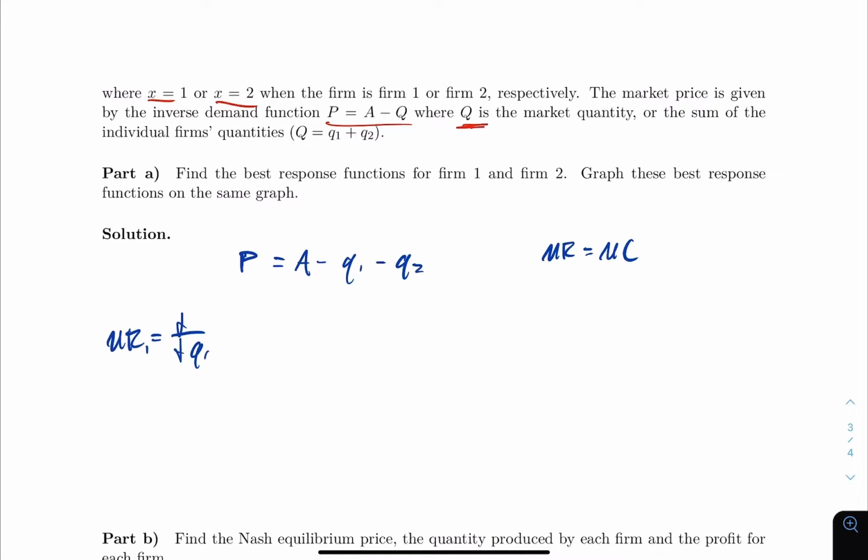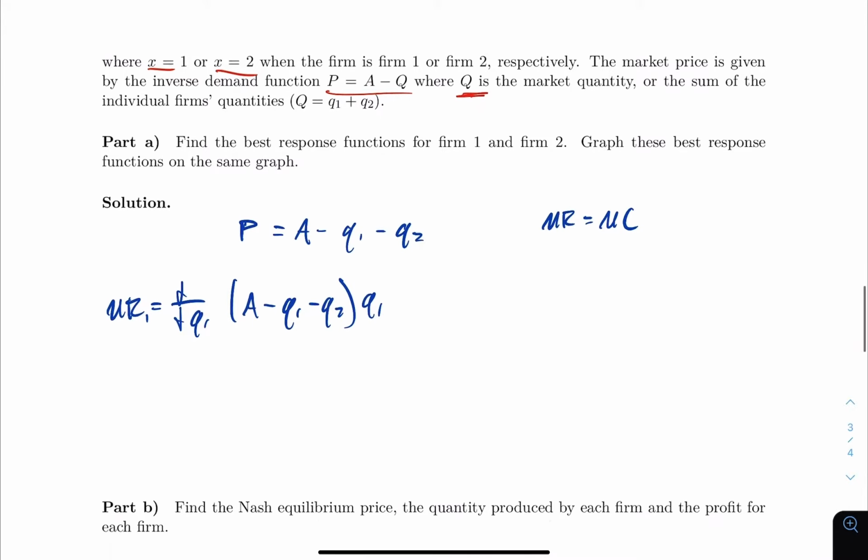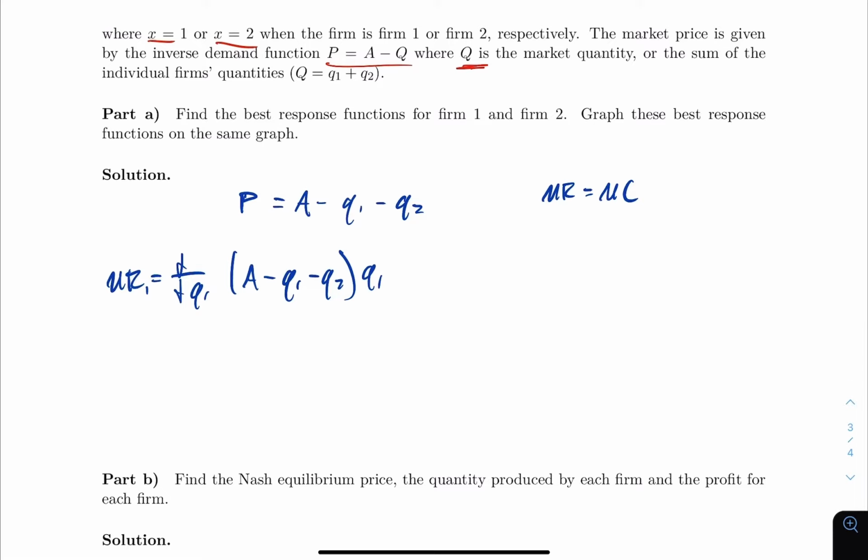Q1 times price, which we get from the demand curve: A minus Q1 minus Q2 times quantity, which is Q1. All right, so we just evaluate this derivative, which gives us A minus 2Q1 minus Q2. And we'll set this equal to MC, which is equal to 1.